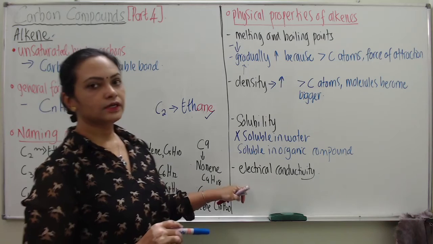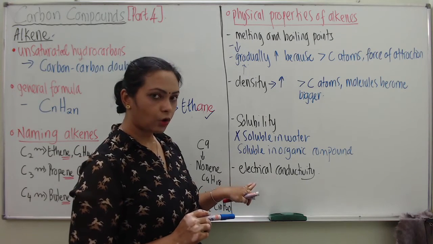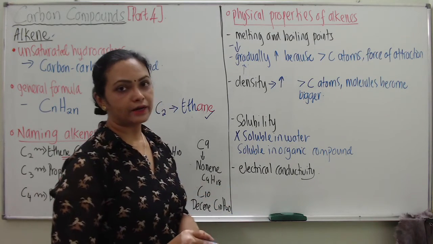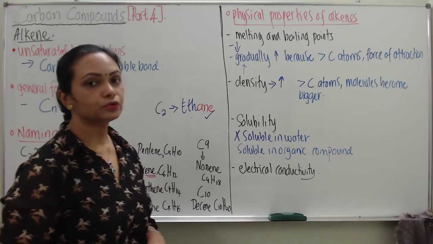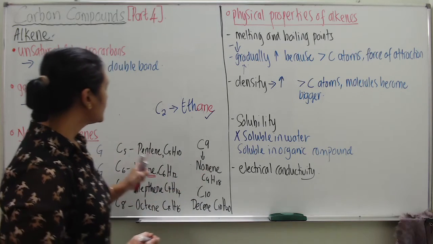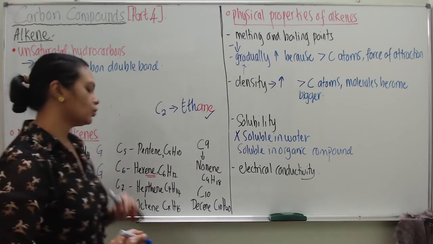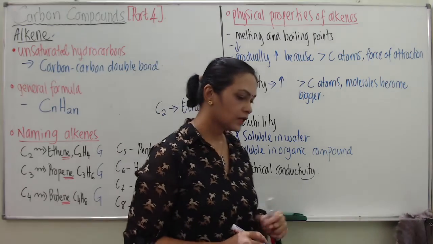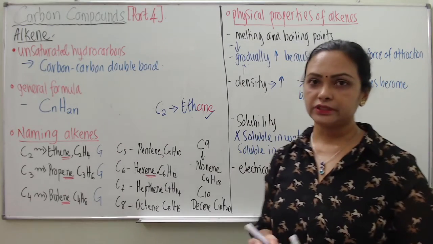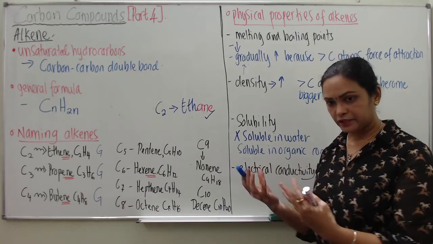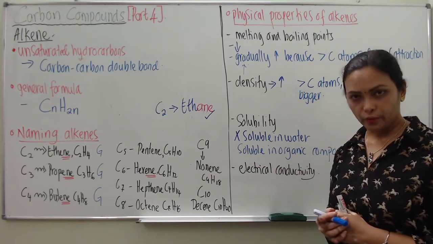And again, if you remember that covalent compounds do not conduct electricity, it's easy for you to say that none of the alkene homologous series members can conduct electricity in any state. Why? Thanks to them being covalent compounds.